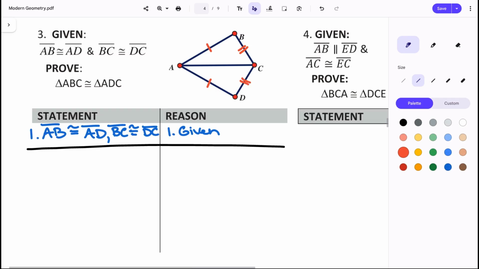What'd you do next? Keegan? I said that the middle one was reflexive. Okay. So like AC is congruent to AC? Yeah, because of reflexive. I agree. It's shared. Anytime you guys see a shared side, you're probably going to be using reflexive.